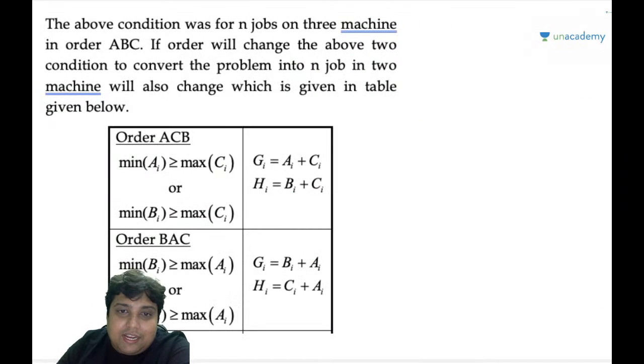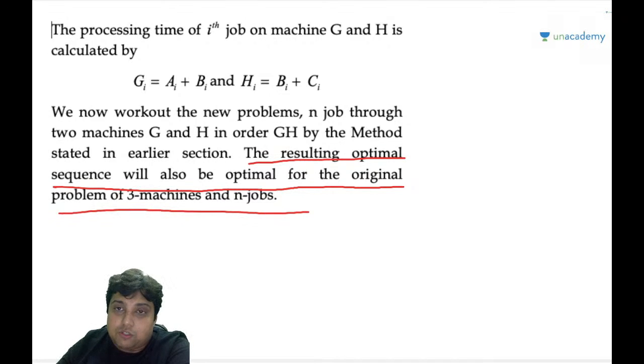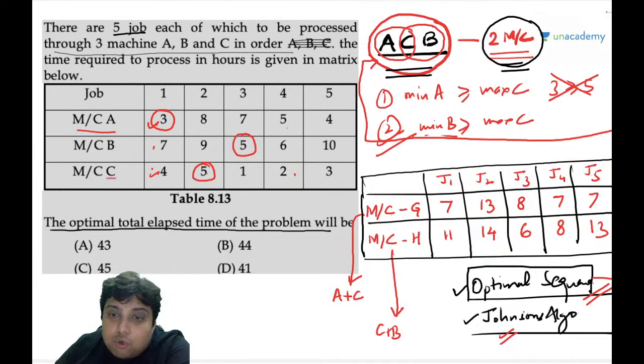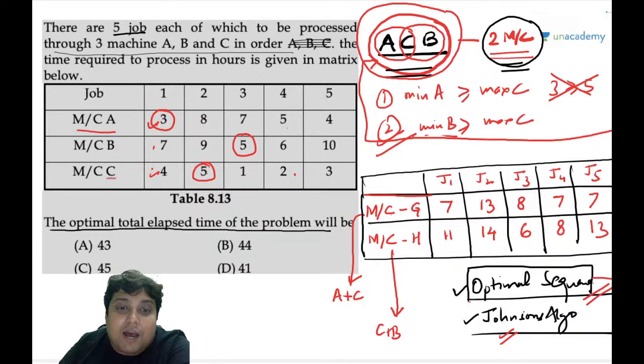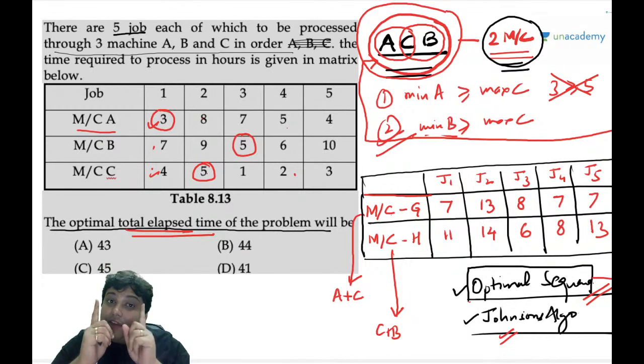Just read out this line: the resulting optimal sequence will also be optimal for the original problem of 3 machine n jobs. So whatever optimal sequence we obtain using Johnson's algorithm by considering this 2 machine problem, we will use this very optimal sequence to finally find the makespan, the total elapsed time, of the original 3 machine problem. This is very important. A lot of students make mistakes here.